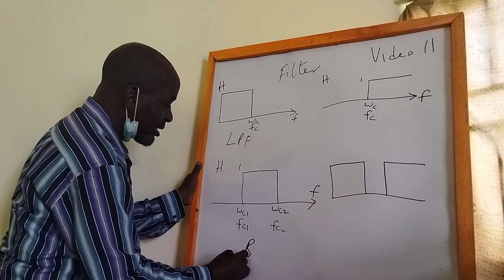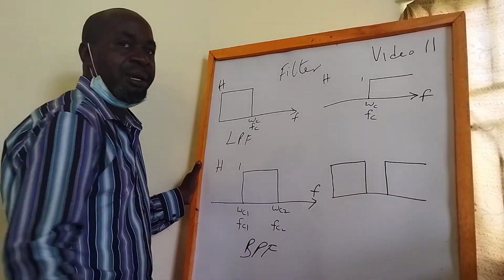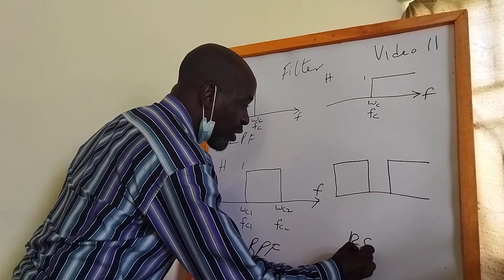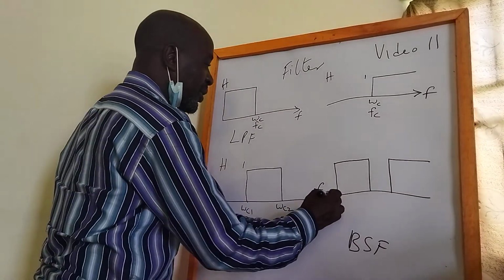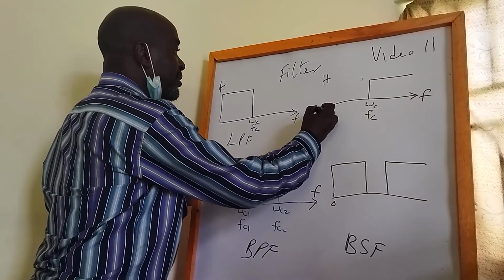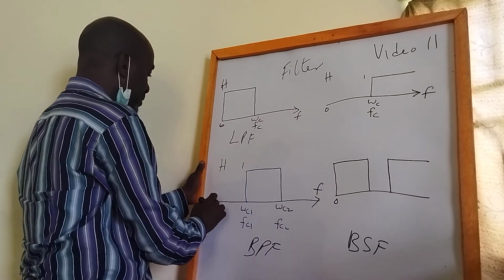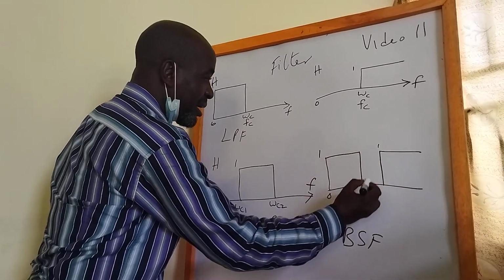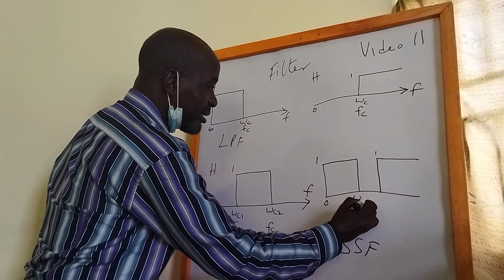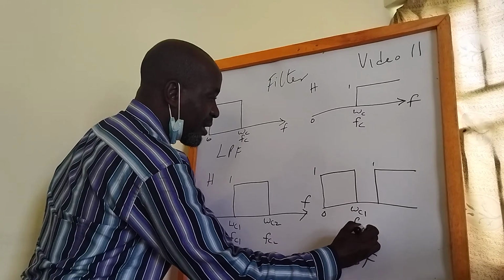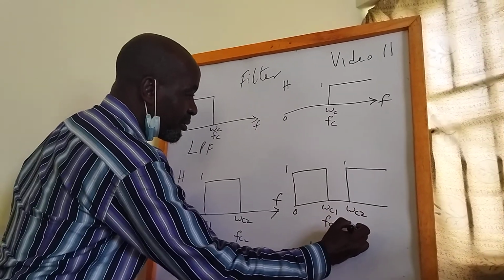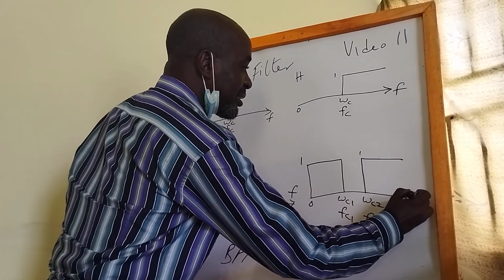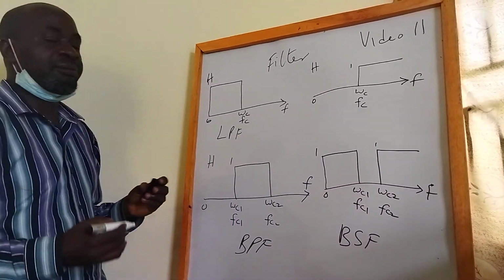This is band pass filter. This is band stop filter. We have this is frequency 0, this is 1, omega C1, FC1, omega C2, FC2. This is the axis for frequency.